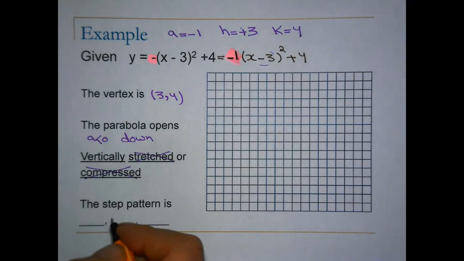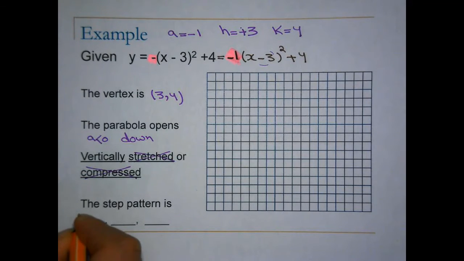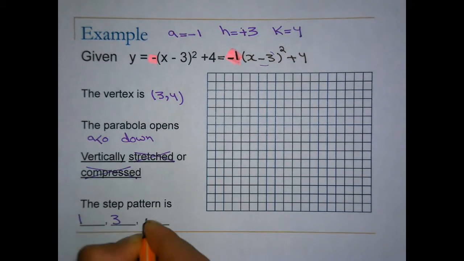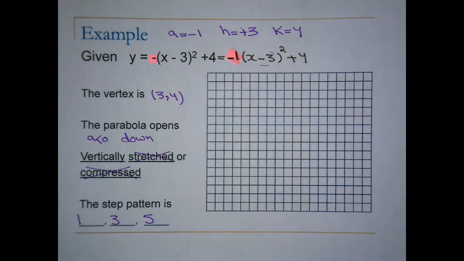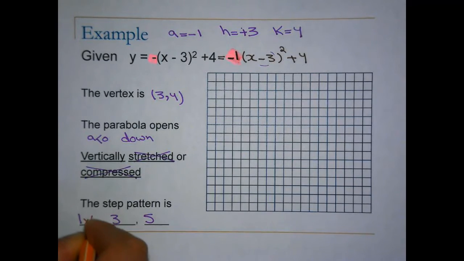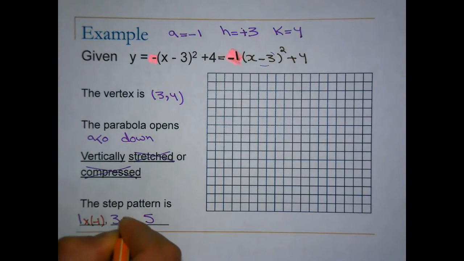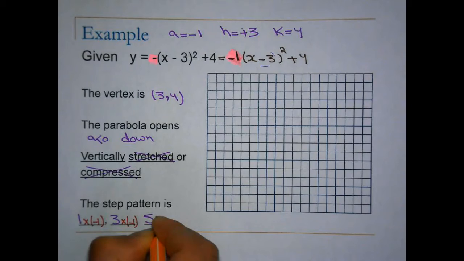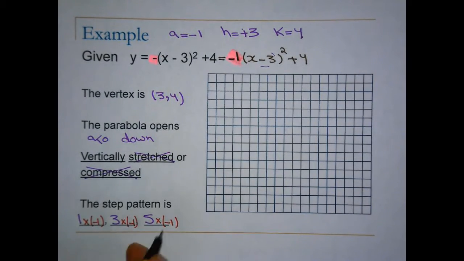And if we want to look at the step pattern, we start with the original one, which is 1, 3, and 5, and then we multiply it by our A value. Now, I'm sure you know why I'm putting a bracket here.